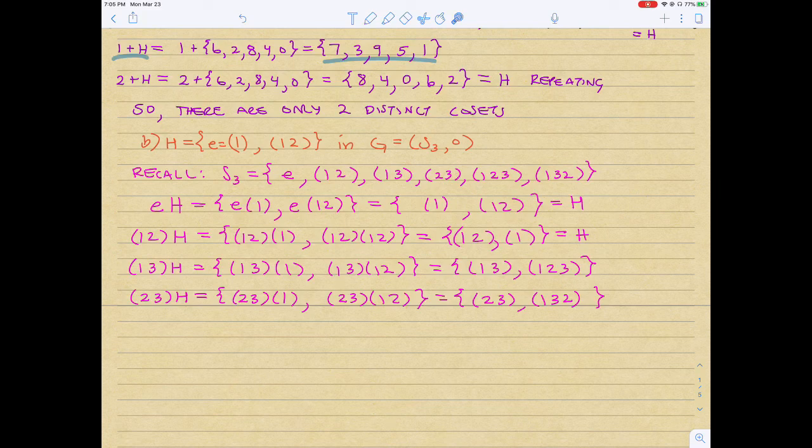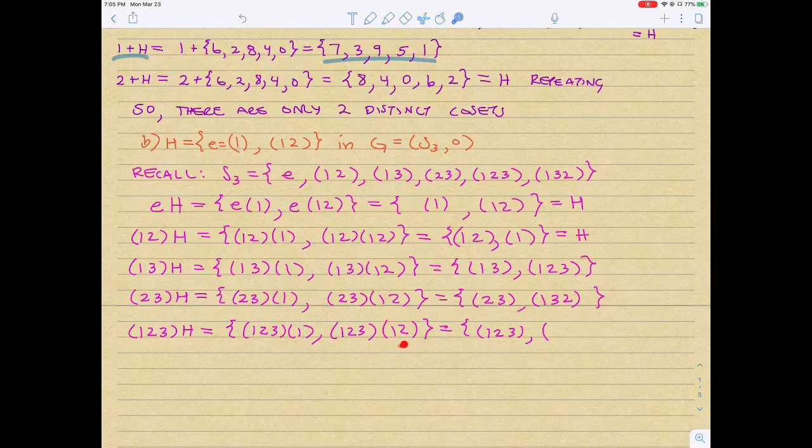Let's move to (1 2 3). (1 2 3)(1) and (1 2 3)(1 2). Okay, well that's going to be (1 2 3), and then you might be able to figure out without even computing what it's going to be, but let's see if you're right. If you see something's going on.